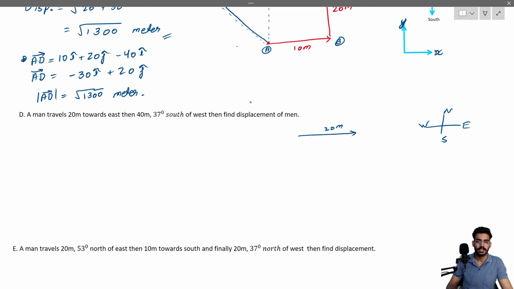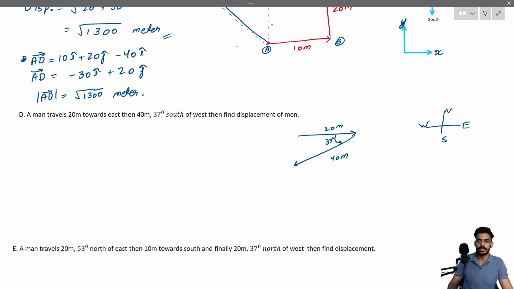Then he said 37 degrees south of west, so from west you have to turn 37 degrees towards the south. So in this direction he moved 40 meter. So this is how it moved.